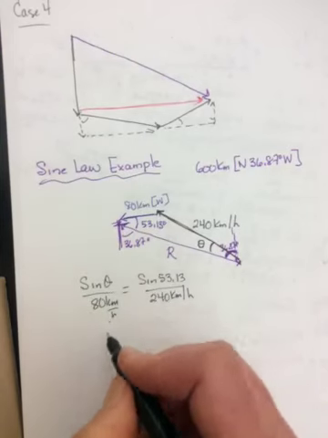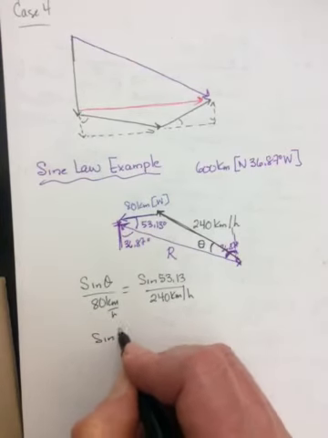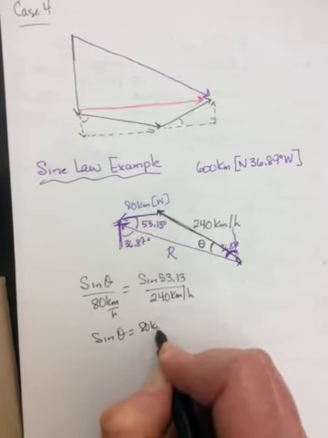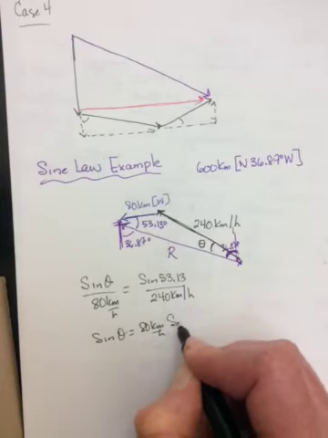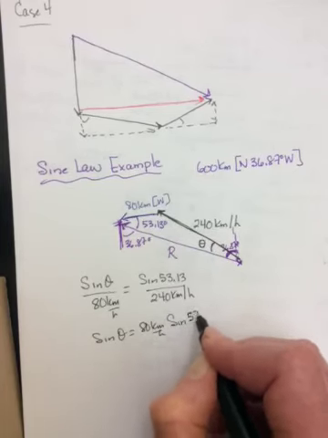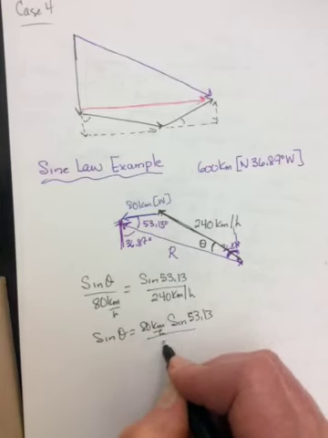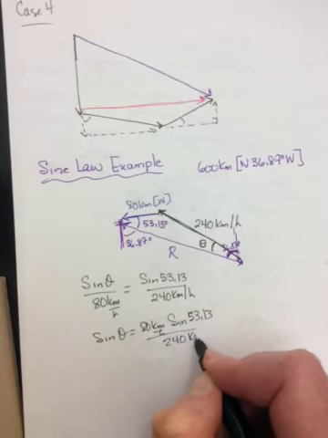And now solve for sine theta, bring your 80 up. So sine theta equals 80 kilometers per hour, sine of 53.13 over 240 kilometers per hour.